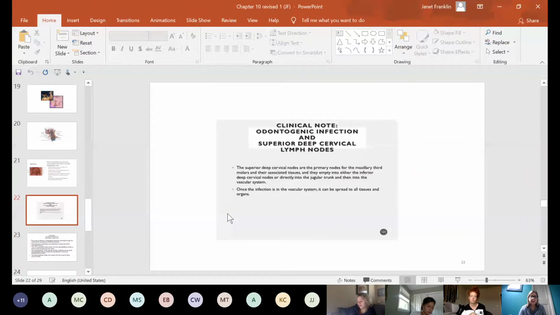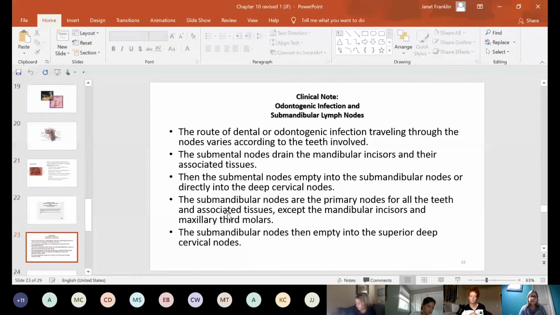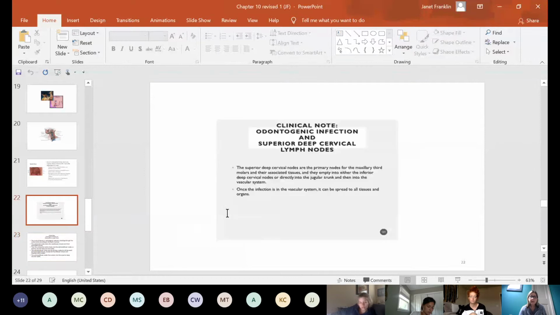So these are some examples here of your lymph nodes and odontogenic infections. If you have an infection in a tooth, if you have an infection on a mandibular anterior tooth, the infection is going to drain into the submental lymph nodes.